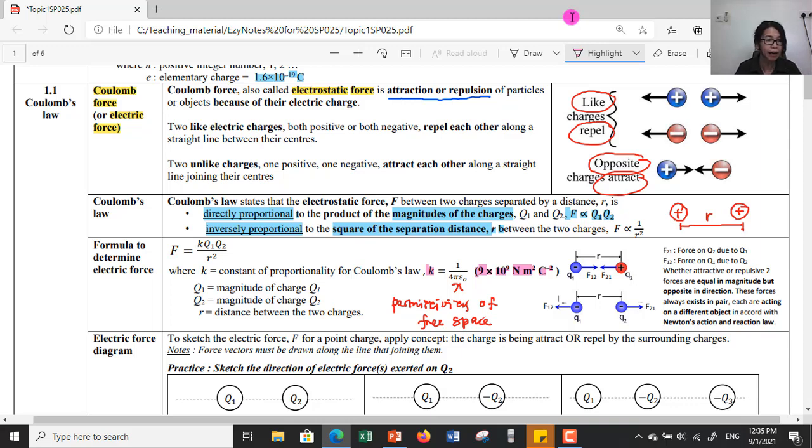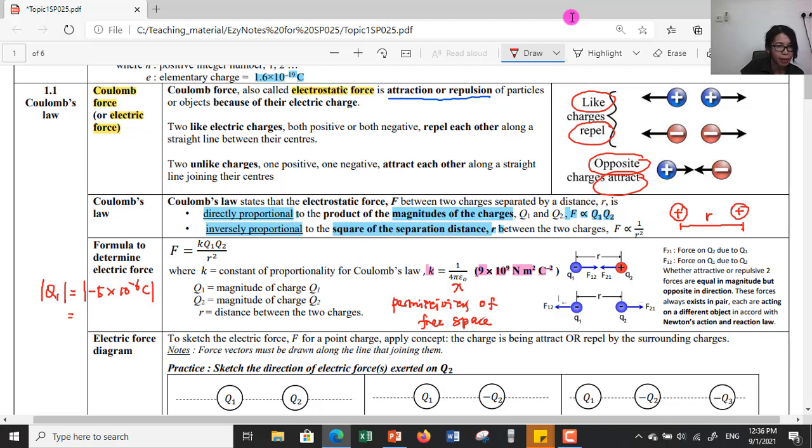Magnitude means the value. So what we are going to substitute into the equation is the magnitude. So first, if I have a negative charge, for example, if Q1 is a negative charge, let's say I have negative 5 times 10 to the power of negative 6 Coulomb.